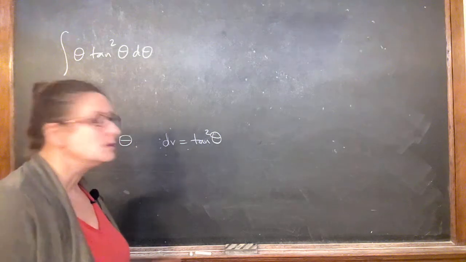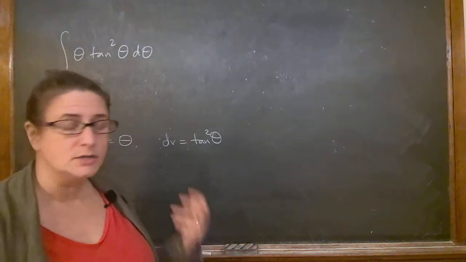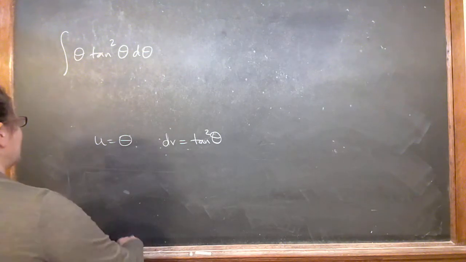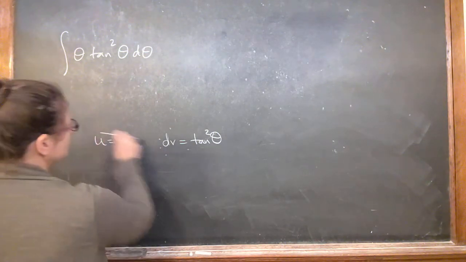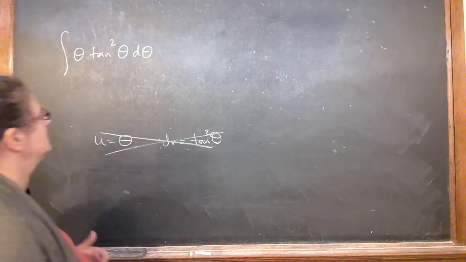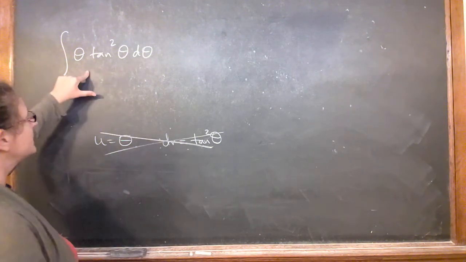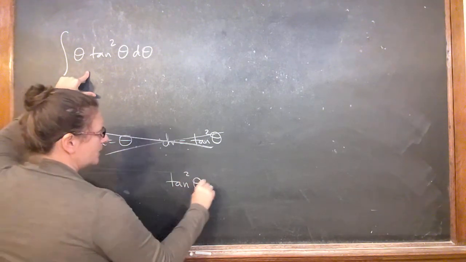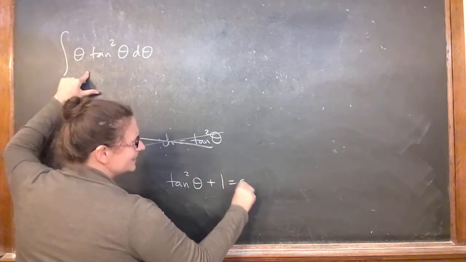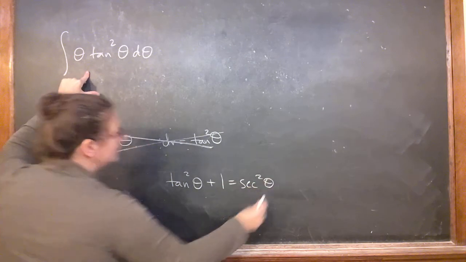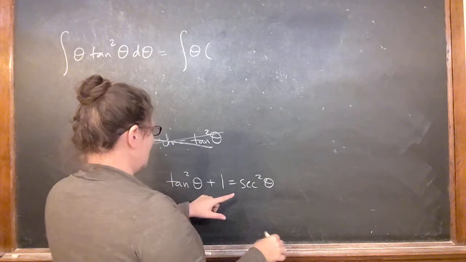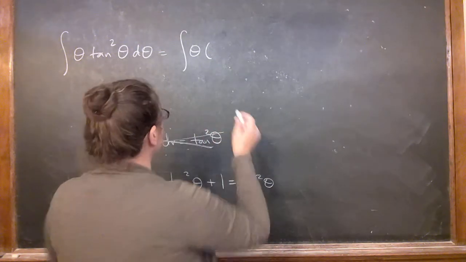Tangent squared isn't, but secant squared is. So thinking about that gets you to an idea that maybe what I should do before I do this is some pre-processing, right? We know that tangent squared plus 1 is secant squared.